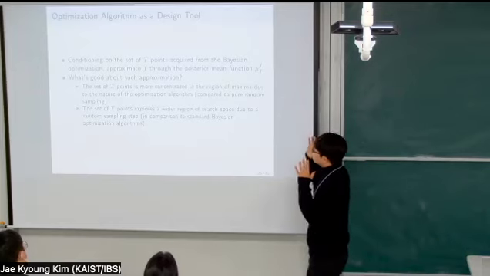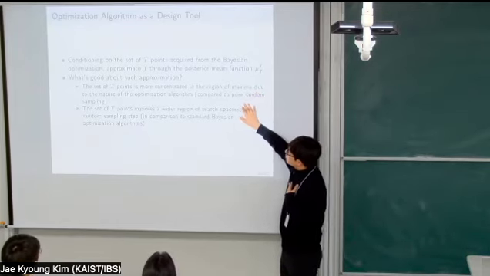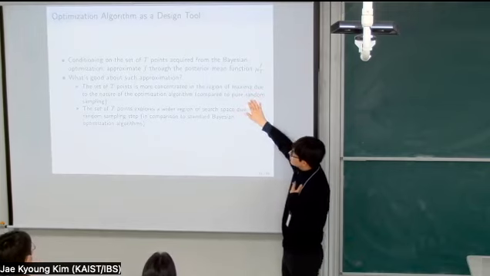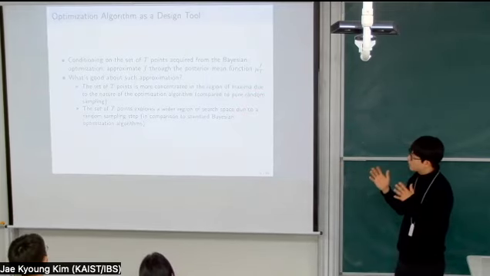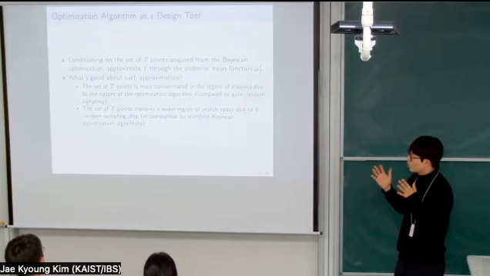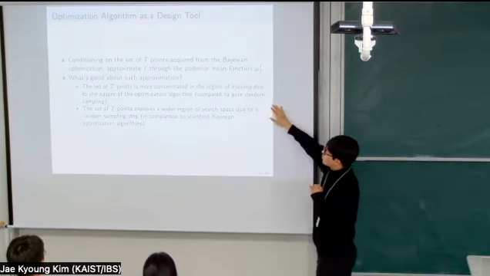By using the optimization algorithm's nature, we put more effort into understanding the region of the maximum, building a surrogate that is close in the region of the posterior mode.